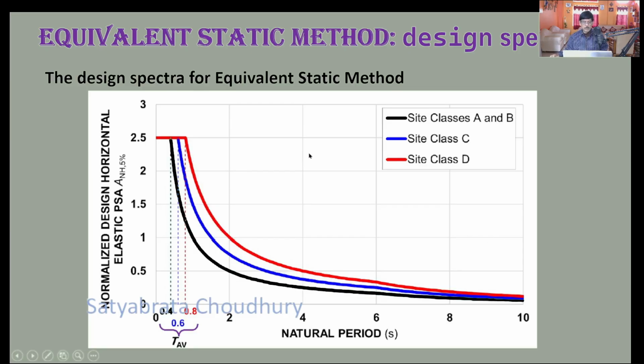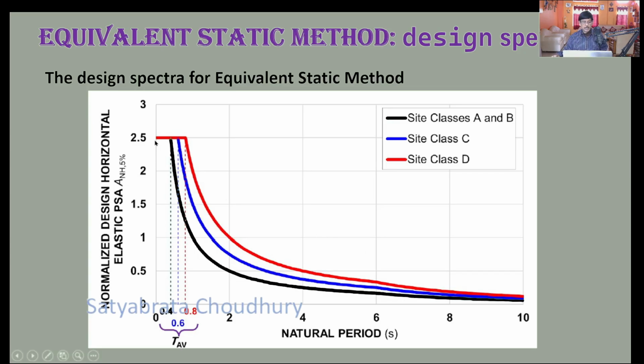Now, for the equivalent static method, the normalized design horizontal elastic peak spectral acceleration, given by the symbol ANH, at 5% damping is given here. These curves we have discussed in our first video.